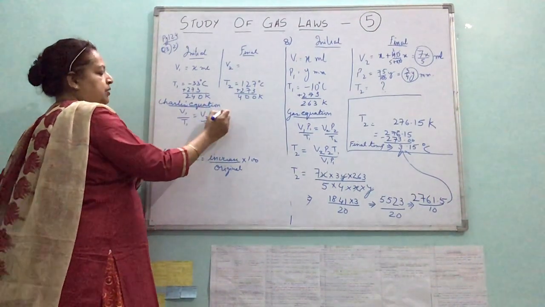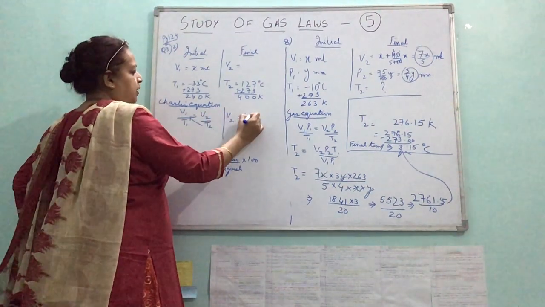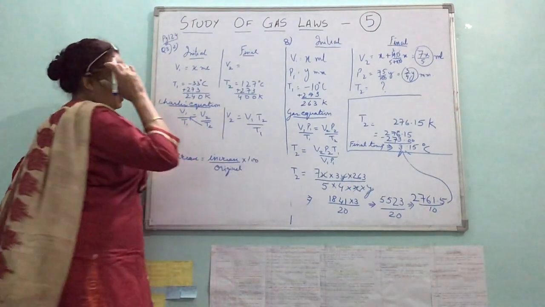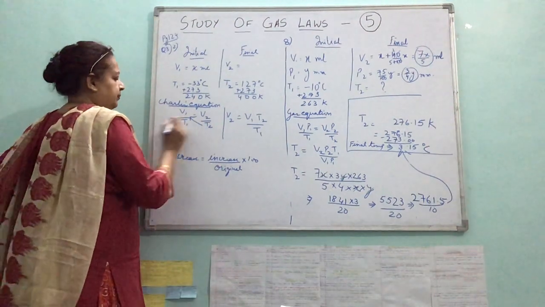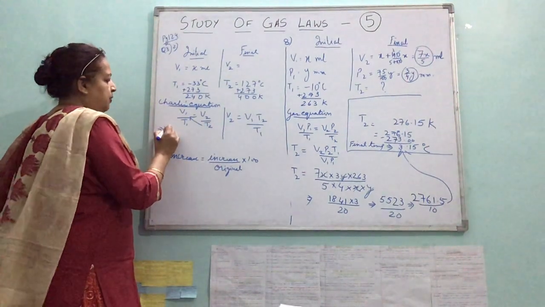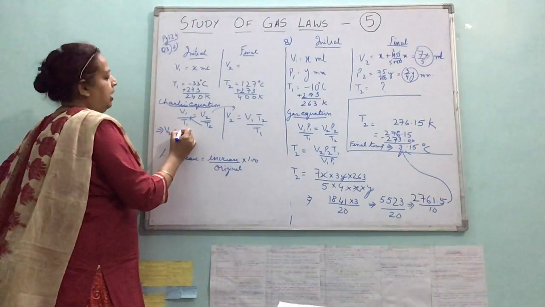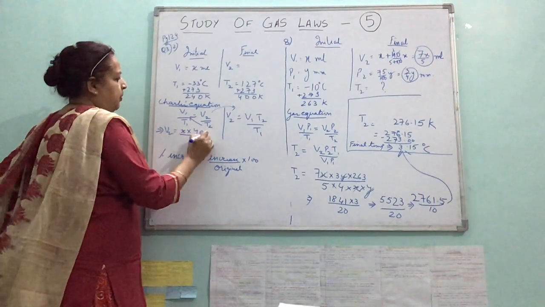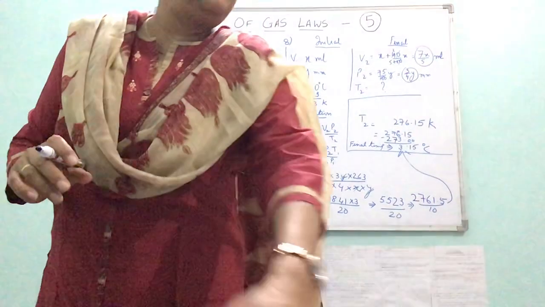I have to find V2, so I'll cross multiply. So V2 is equal to V1 T2 upon T1. Well, I'll substitute the values. Okay, I'll do it here. So V2 is equal to V1, which is X, times T2, 400, upon 240. Whatever is reducible, we'll reduce it.